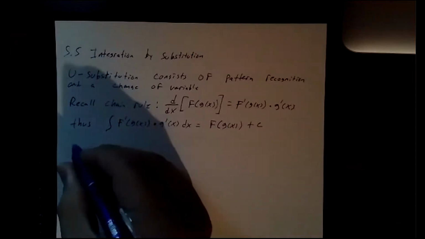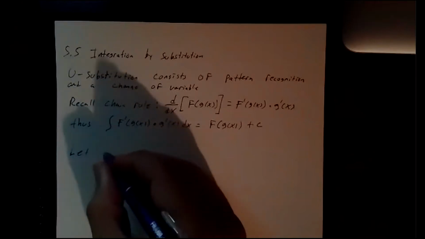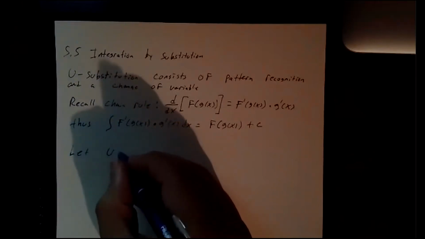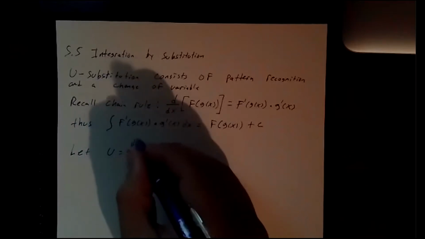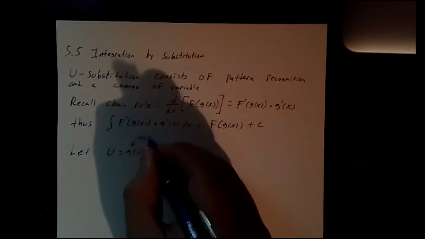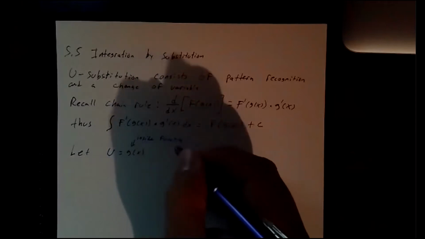So the way you do it, you let u equal g of x. This is the inside function, right? So it always has to be the one inside, or the more complicated part.